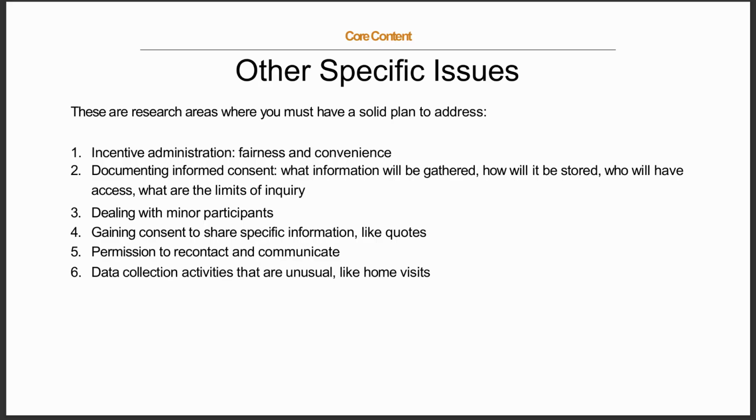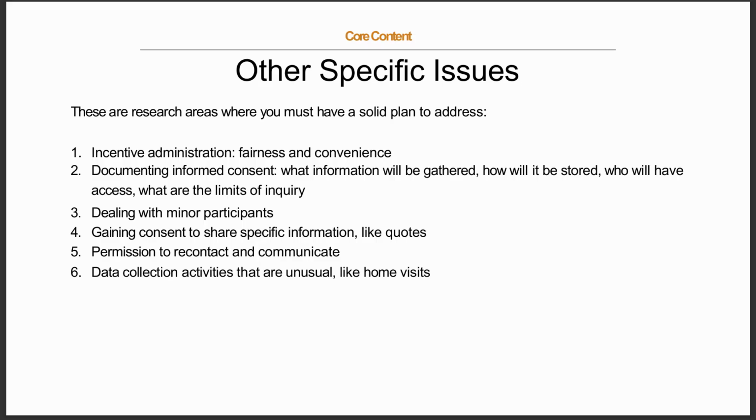How are you going to deal with minor participants? Maybe you want to do something related to toys or food for kids. How would those go? Are parents going to be present? Is everything going to be recorded? You have to think of those issues before you start administering any kind of research.